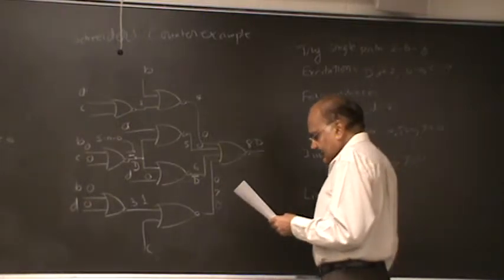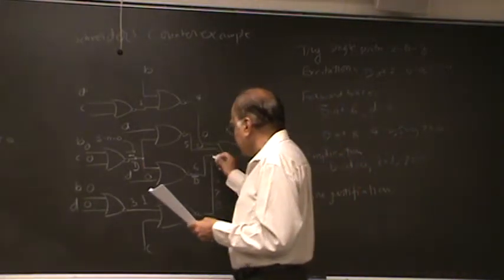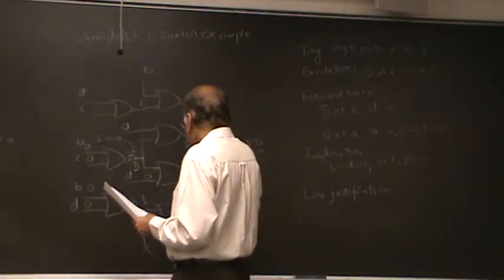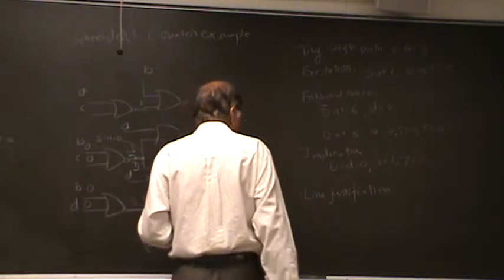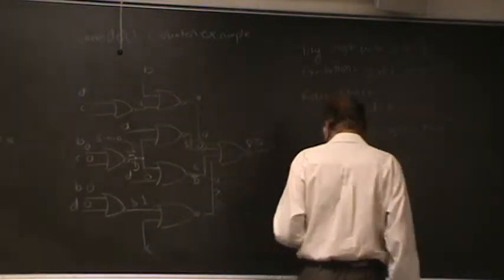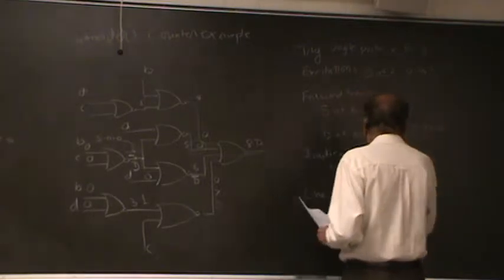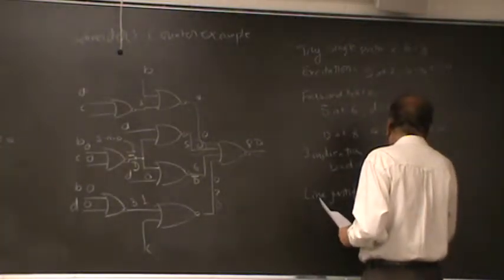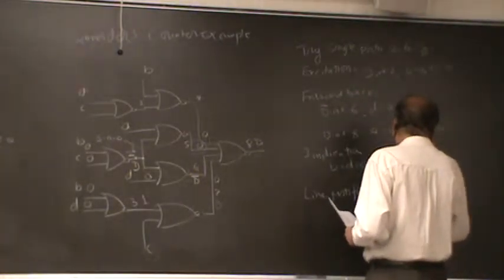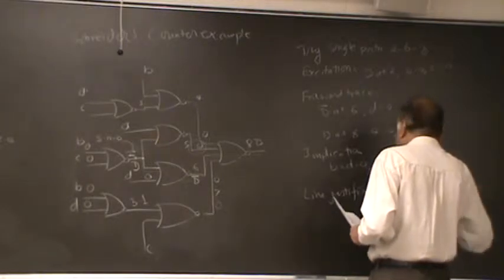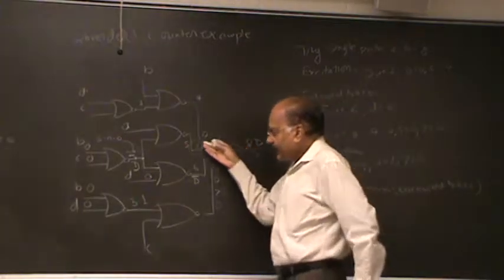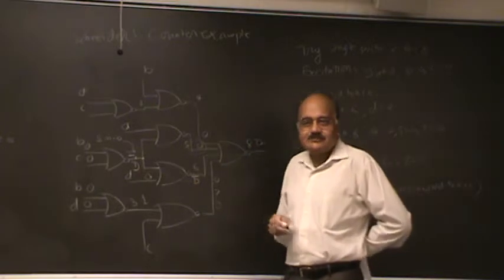Okay, now let's do line justification. Let us look at this 0 here. We need to justify this 0. So line justification is backward trace. Now we are going to go back and see if this can be justified.